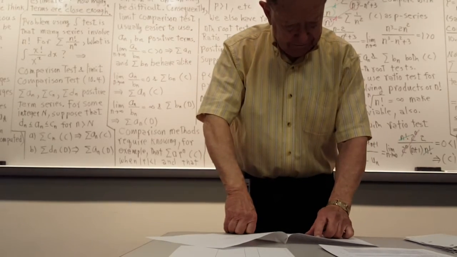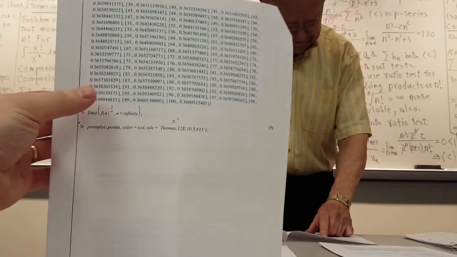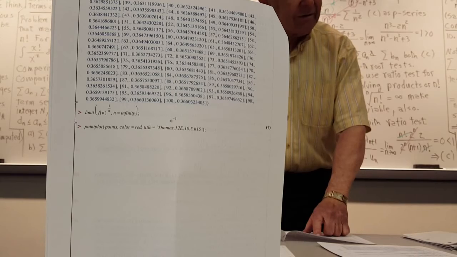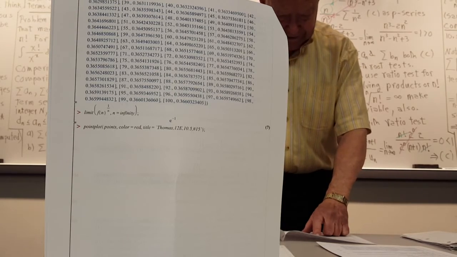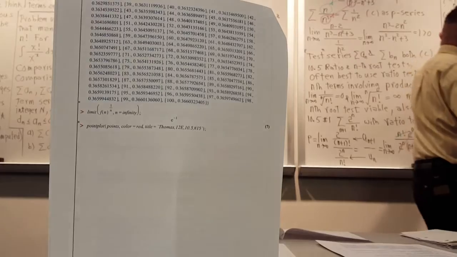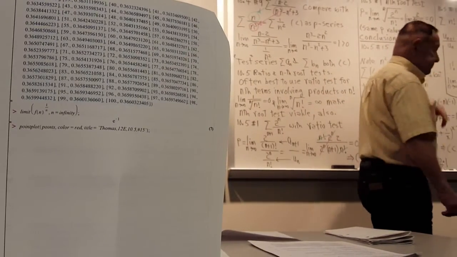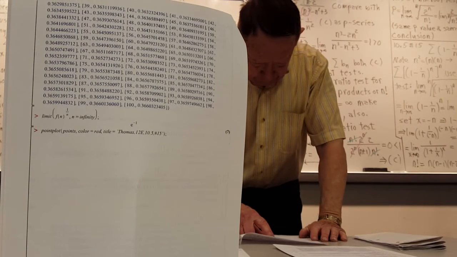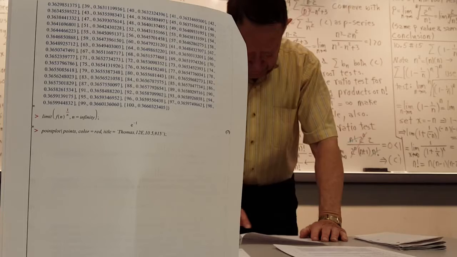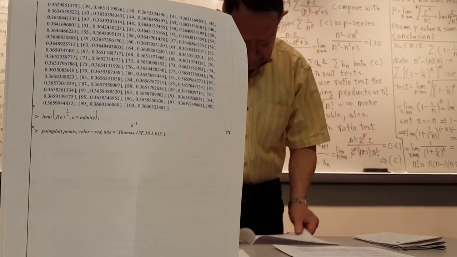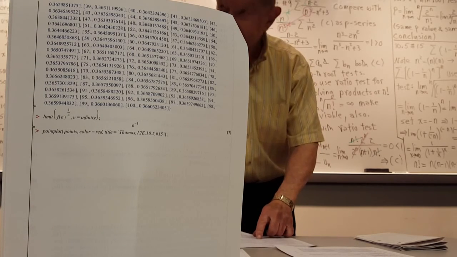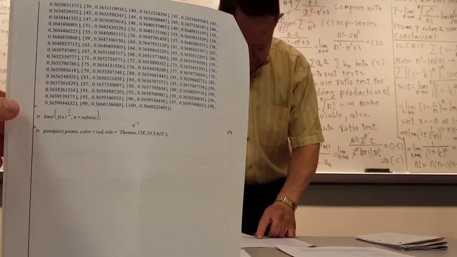But take a look at the last one there. When n is 100, your value, your nth root, and remember it's the nth root of this, your last value is 0.3660, and the value of 1 over e back on the previous page, line 5, is 0.3678.